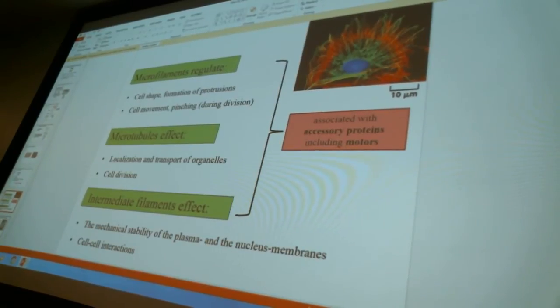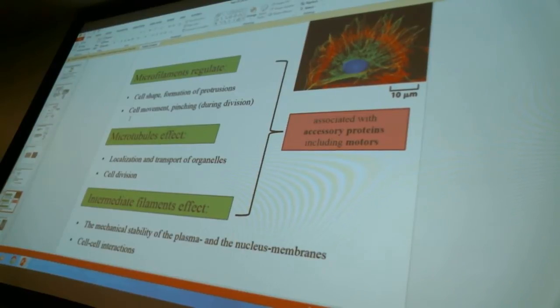So if we look at the broad responsibilities for different types of these filaments, what role they perform in the cells, microfilaments, the actin filaments, regulate generally cell shape.